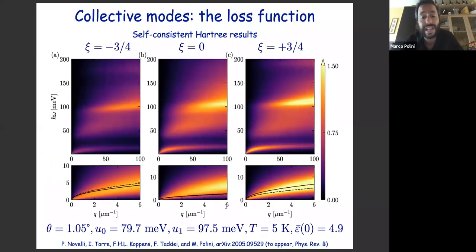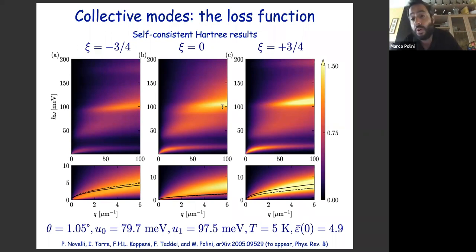And these are our results for the collective modes. The essence is that associated with this large peak in optical absorption, there is a collective excitation in the density channel, which has a linear dispersion as seen in experiments, that we interpret as an interband plasmon.